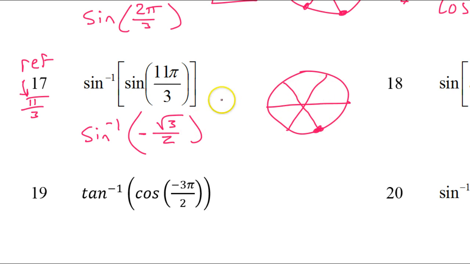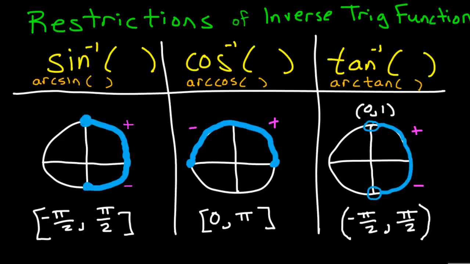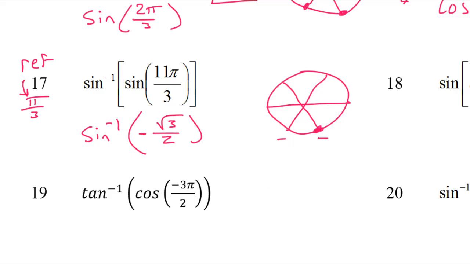Now, looking at these reference angles, and we're dealing with the sine function. Sine is positive here, and it is negative here and here. We want one of the negative ones, so we can forget about these two. And we want to respect the restricted range, so we're going to stay on the right-hand side.